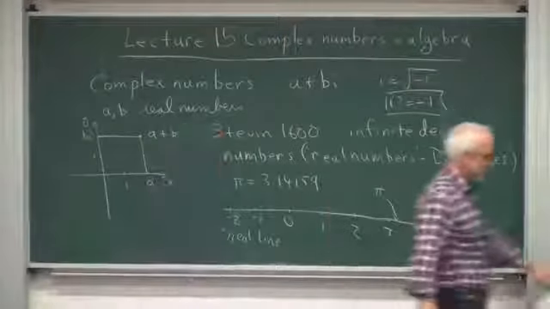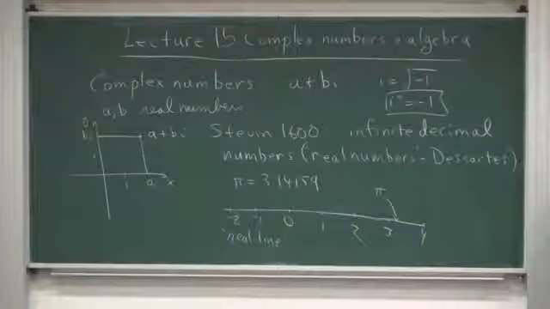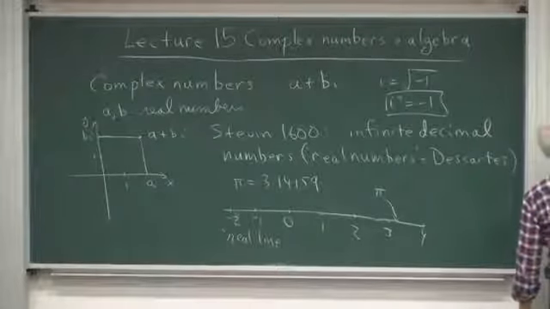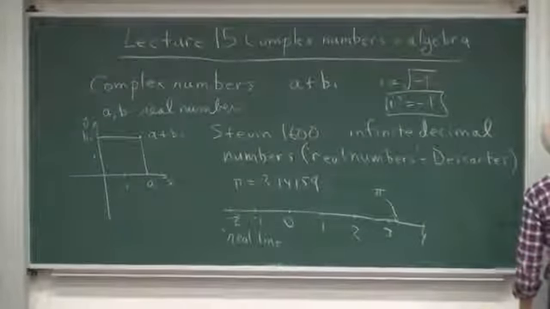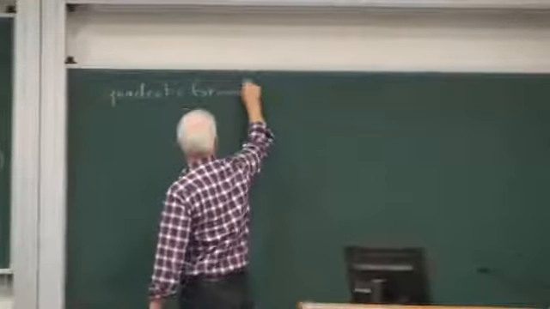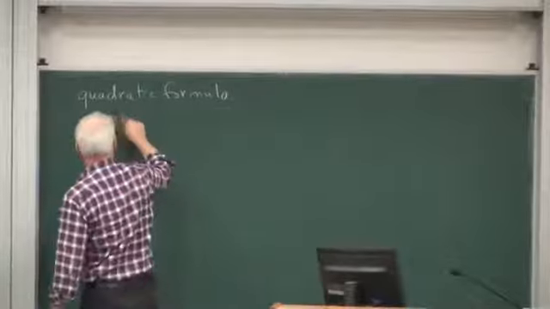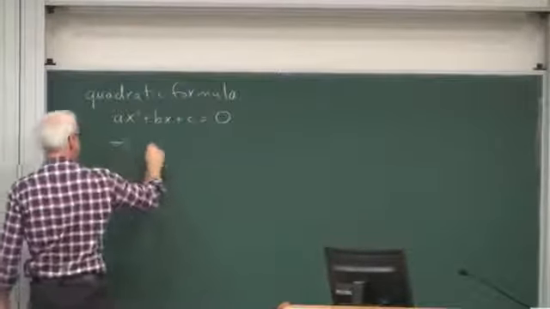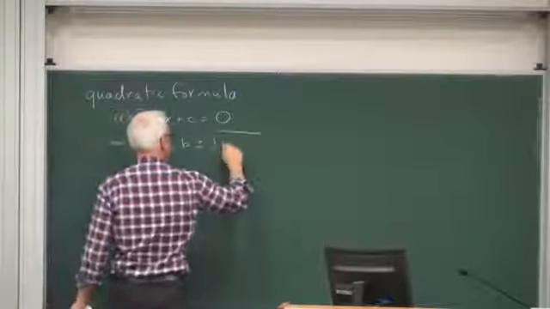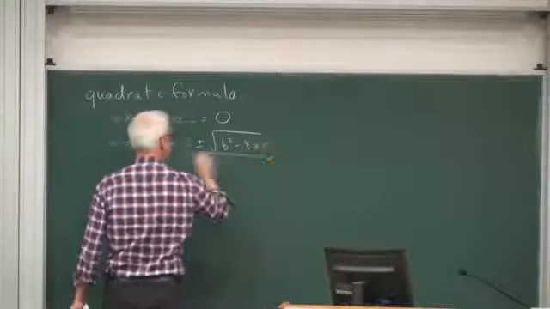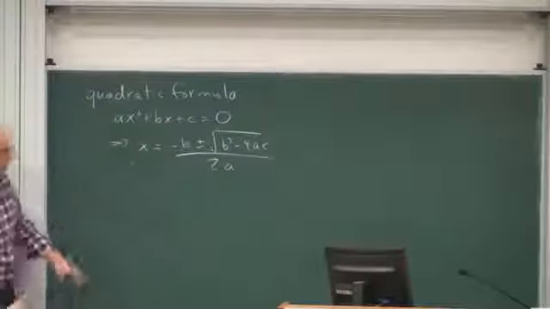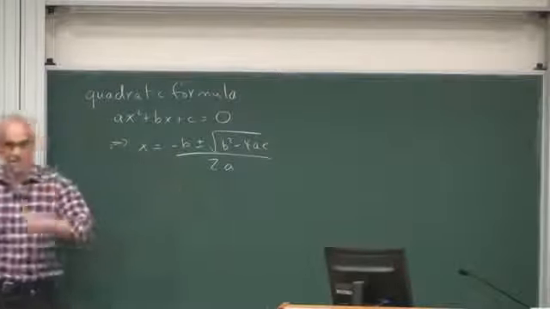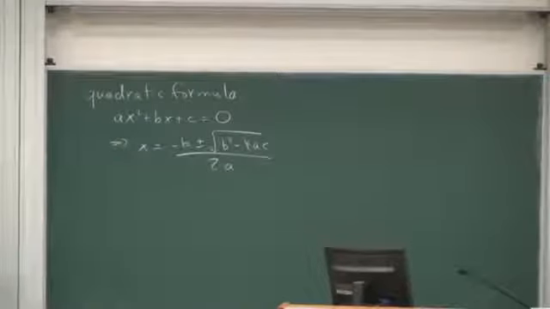These days, students are introduced to complex numbers, or the imaginary numbers, by the quadratic formula. Of course, which goes back much earlier. And of course, when this b squared minus 4ac, the discriminant of the equation, is negative, then what's inside here is something like a square root of minus 1.